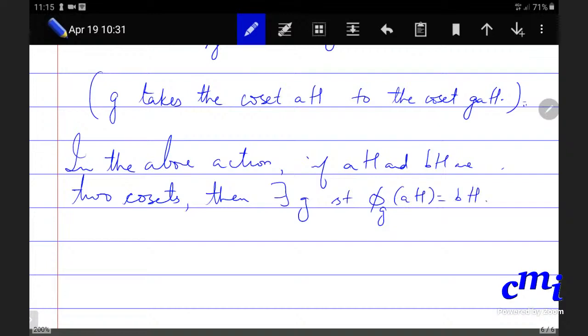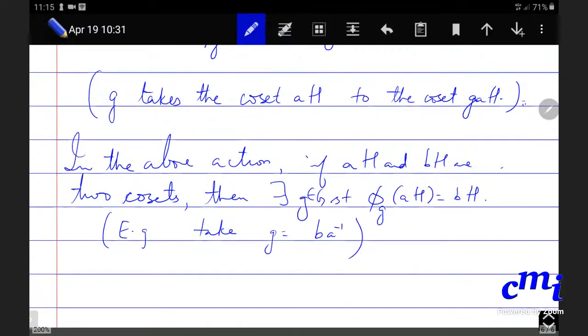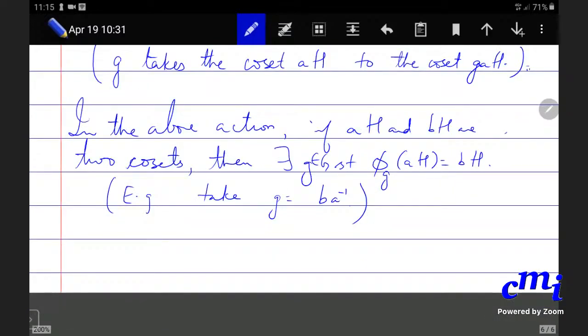Okay. That is, for example, take g to be b a inverse. This is an element of the group. There may be other choices, but this definitely will work. So, in other words, for every pair of elements x and x prime in that set, they are in the same orbit.